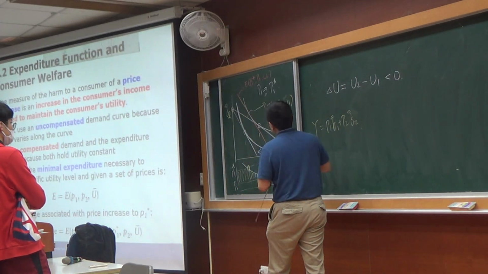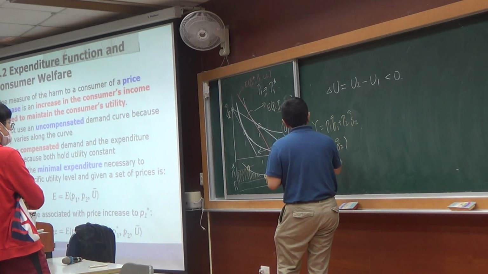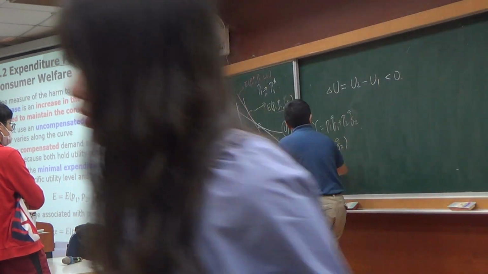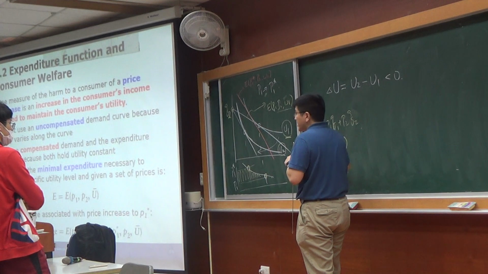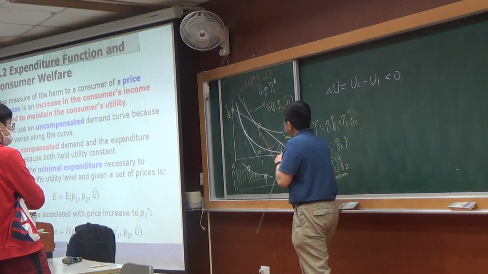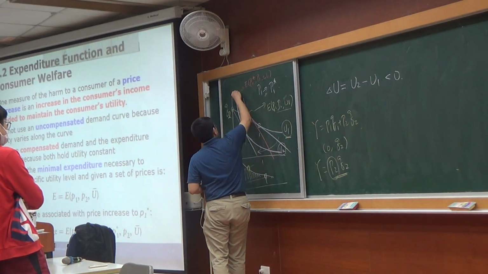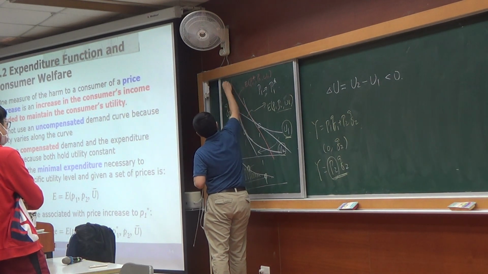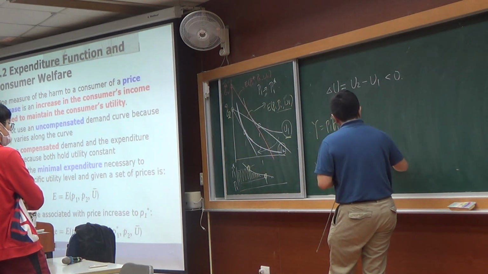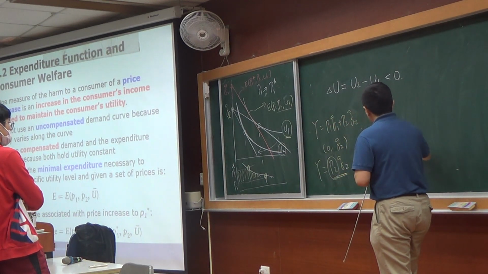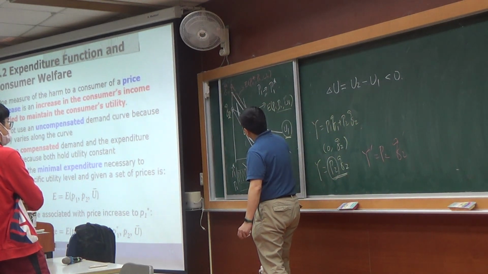This point is 0 to 2. So Y equals P2 Q2. Now P2 is unchanged and Q2 is the same, so this and this will be the same. And this one intersects at the higher Q2 prime. So Y prime for the red would be the same P2 with a higher Q2 prime. That's why Y prime is higher than Y.